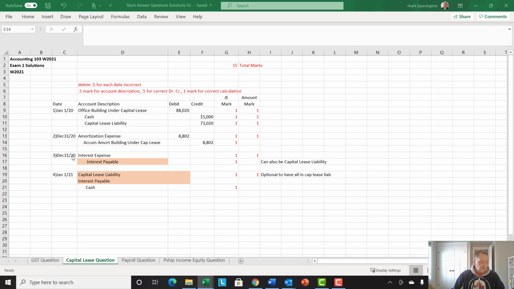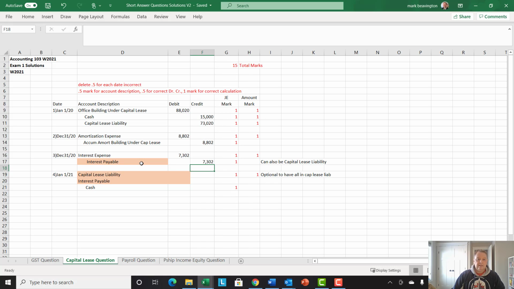So now it's December the 31st of 2020. We got 1 year's worth of interest. So it's on that 73,000 and it's 10%. So that number should be 7302. So we have an expense of 7302 and an interest payable of 7302. You also could put capital lease liability in there, and that would be just fine.